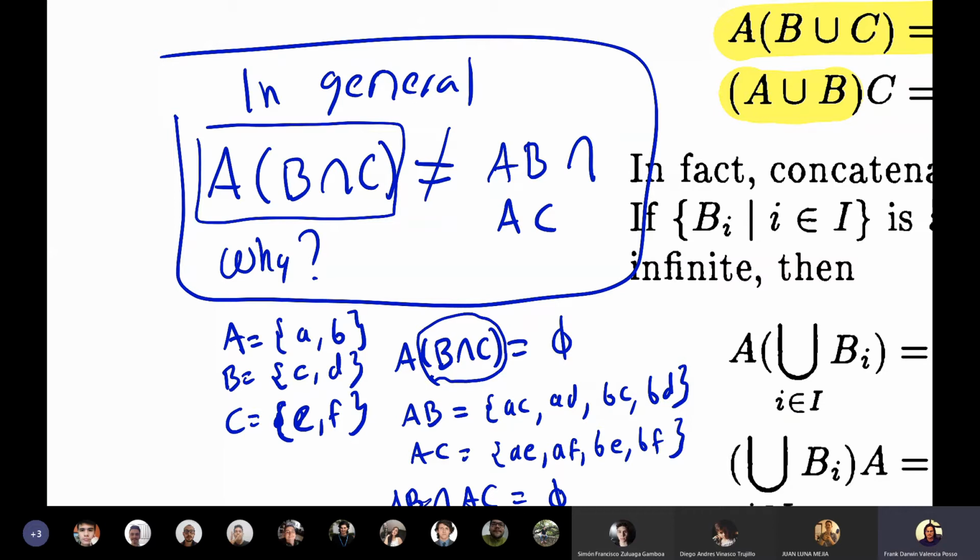But I understand what you're trying to do. It was the opposite, to find a counterexample, but that wouldn't be a counterexample of this because I did not say here that for all A, B, and C, this was not equal. I say that in general. In general means that there are some exceptions, but it's not always the case.